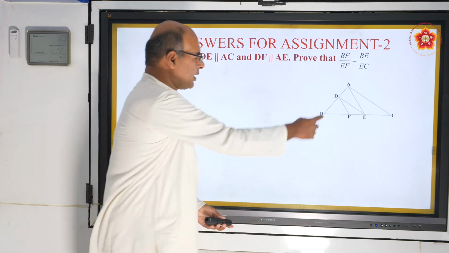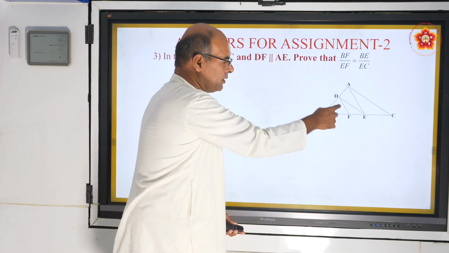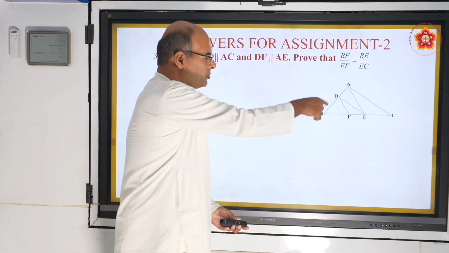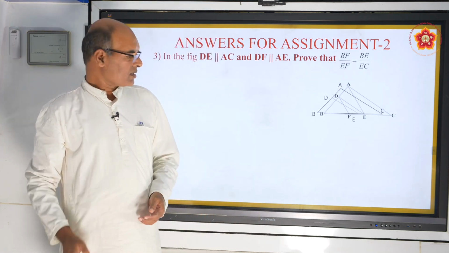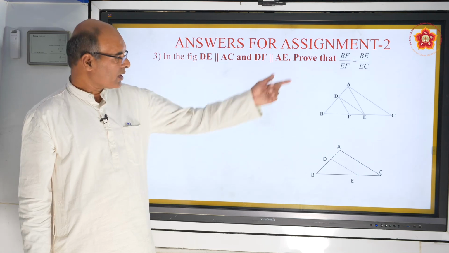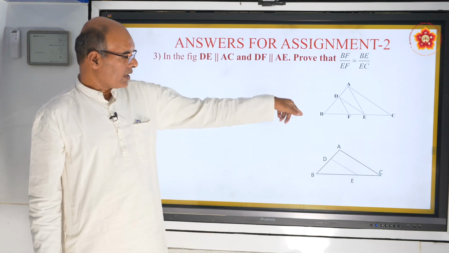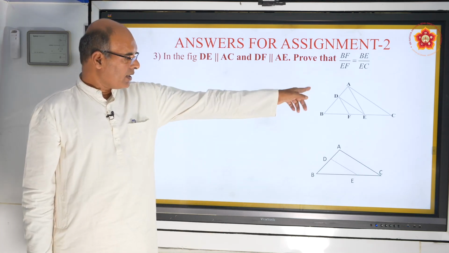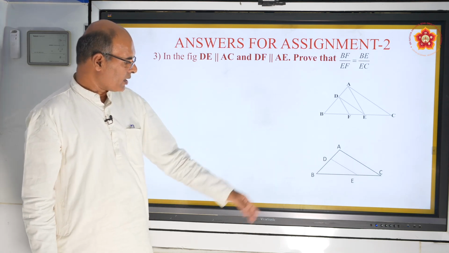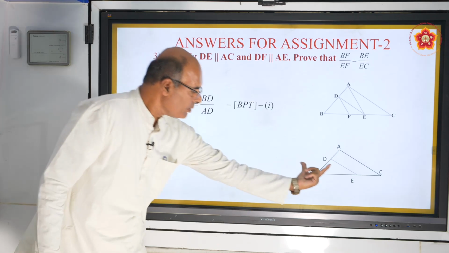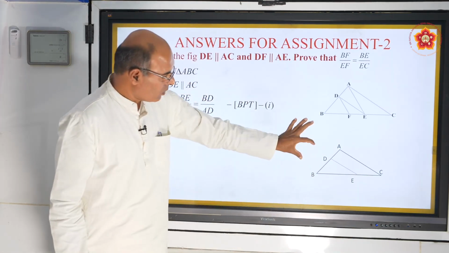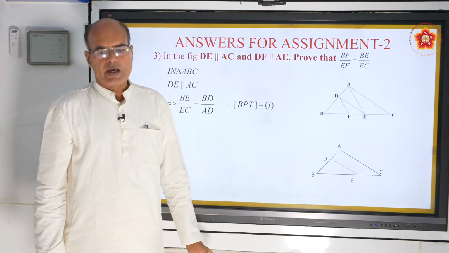And again take triangle ABE along with DF which is parallel to AE and apply the Thales theorem. You get two equations, compare the equations, and you get the result. So first, triangle ABC is taken, DE is parallel to AC, apply the Thales theorem. So you get BE by EC is equal to BD divided by AD.